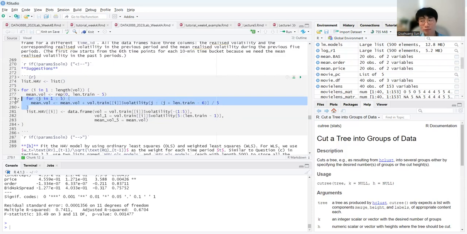So remember, if you take the sixth time point, then what are the previous five periods? They are 1, 2, 3, 4, 5, right? So the first element of this vector is just the mean realized volatility in the first 5 periods.